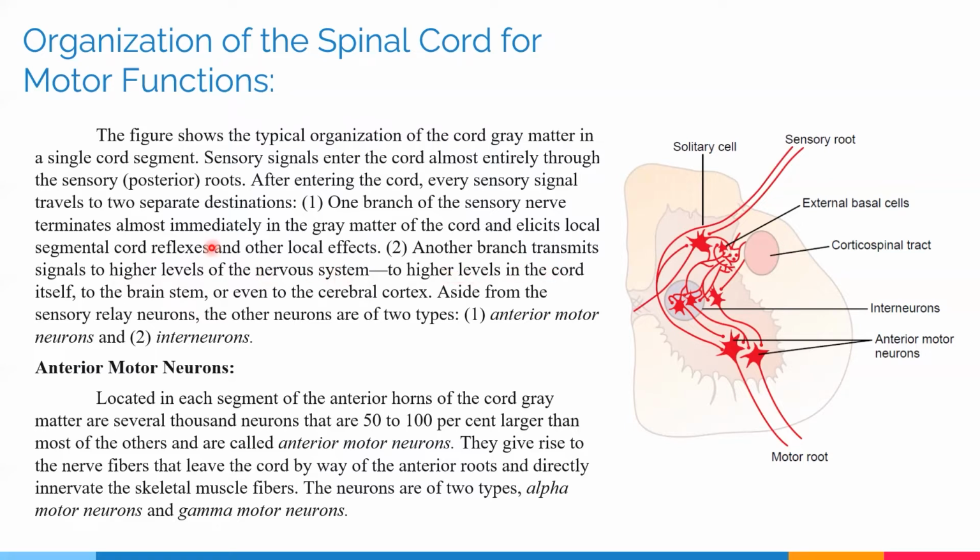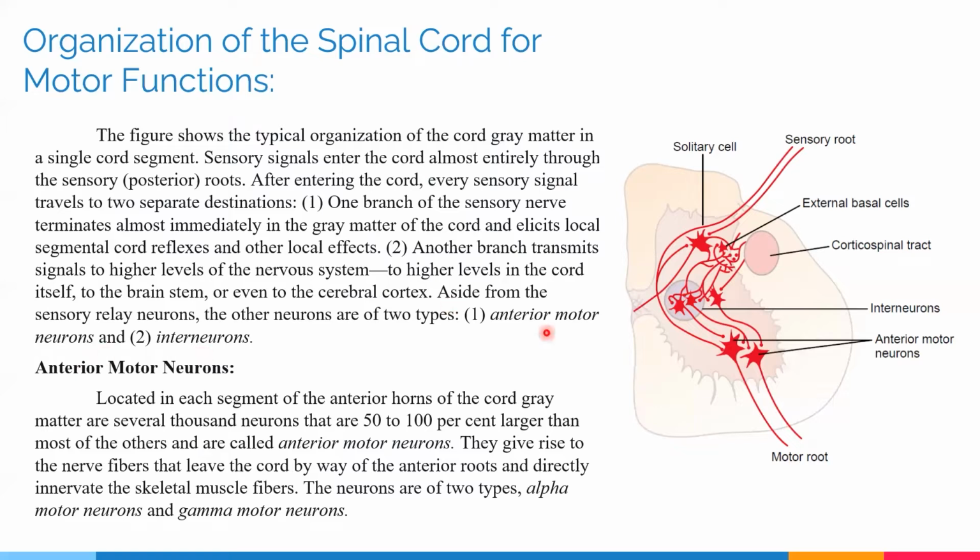Another branch transmits signals to higher levels of the nervous system, to higher levels in the cord itself, to the brainstem, and even to the cerebral cortex. Aside from the sensory relay neurons, the other neurons are of two types: anterior motor neurons and interneurons.